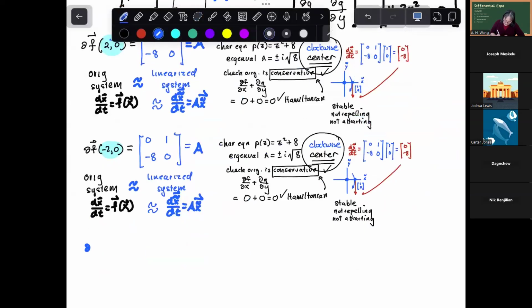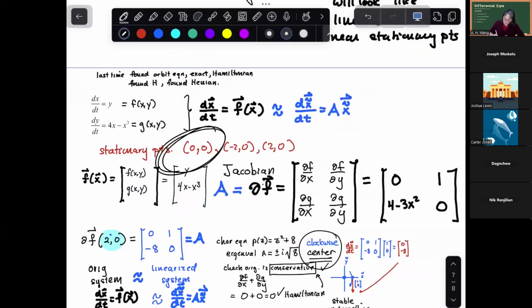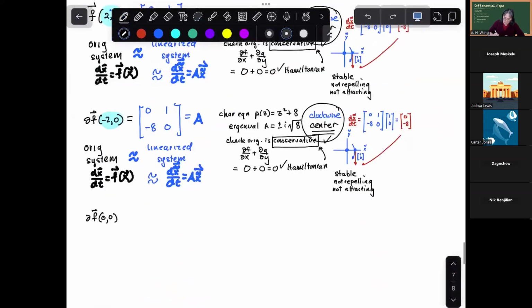And now let's do the easier one. The easiest is so easy that it's hard. That's why I saved it for last. Let's just do the origin. That was this one right here.